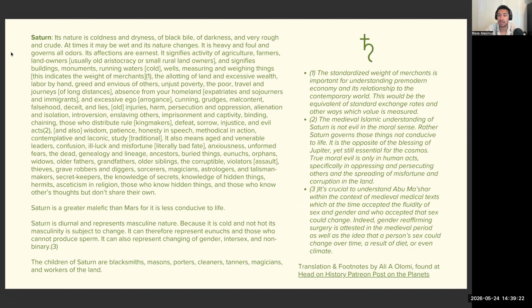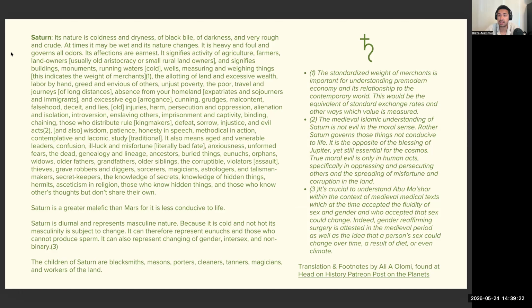And so we see that this idea of sex changes and of fluidity in gender is not as rigid as we like to imagine, as we like to project our rigid understanding of these things in the present day onto the past. These people would not have had that understanding. And so that's also important to understand Saturn and Mercury in particular.